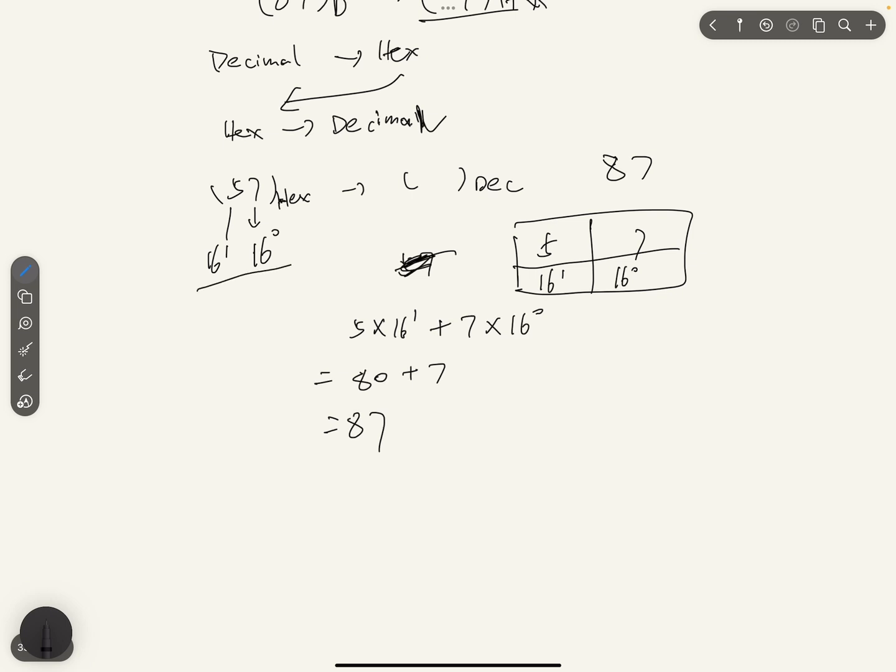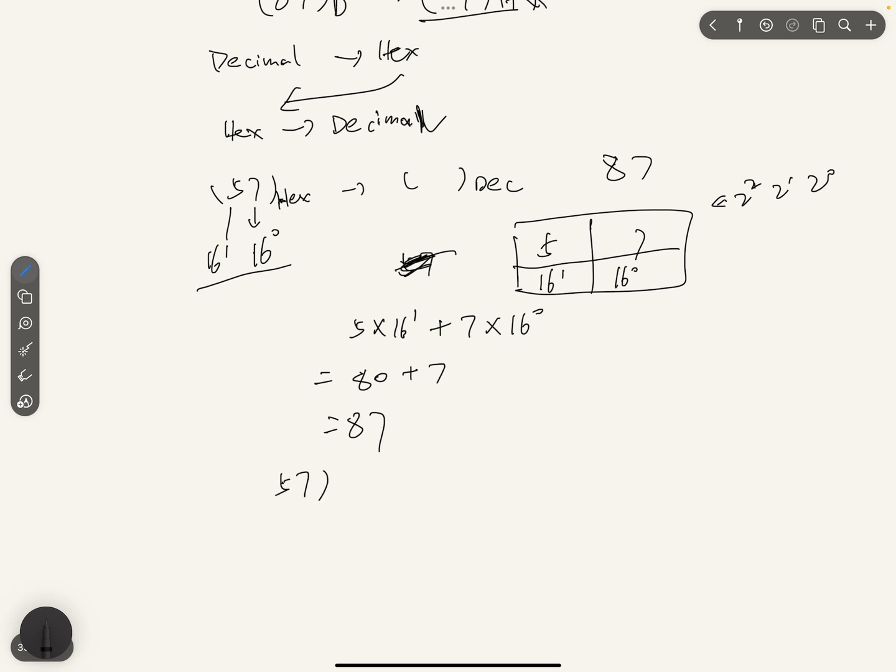Which is the same way we convert binary. In binary, each bit has the weight of 2 to the 0, 2 to the 1, 2 to the 2, and just keep going. It's the same thing for hexadecimal. The base is different, so the weight will be different: 16 to 0, 16 to 1, something like that.